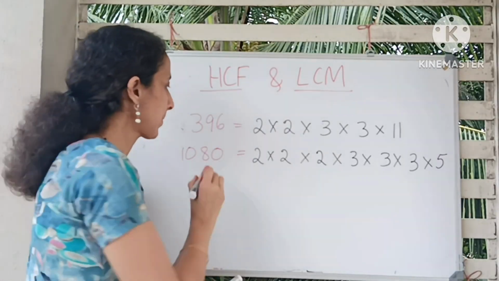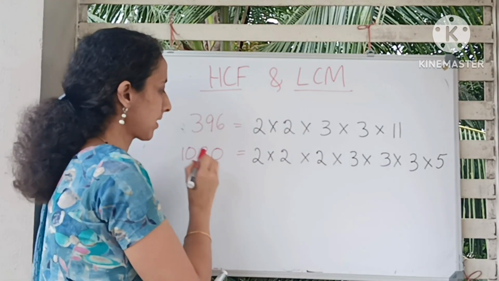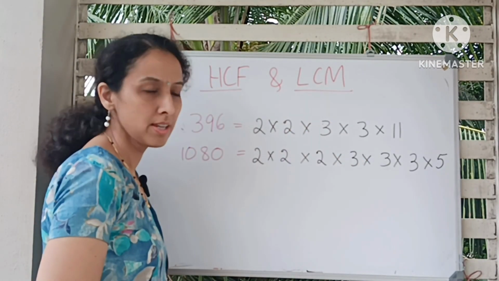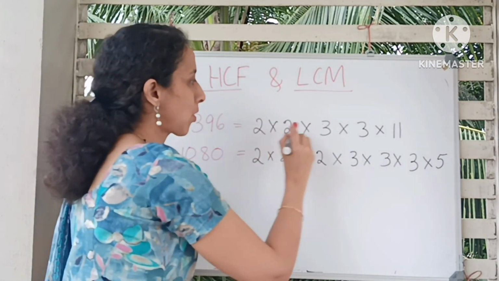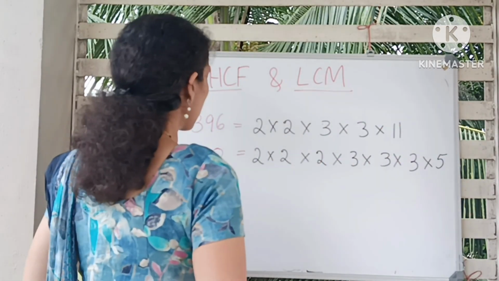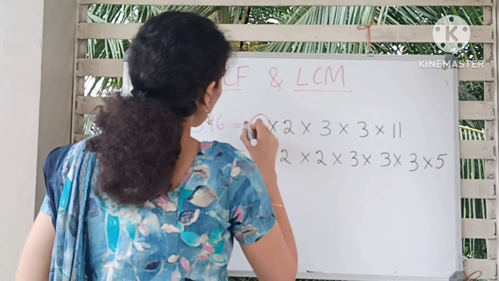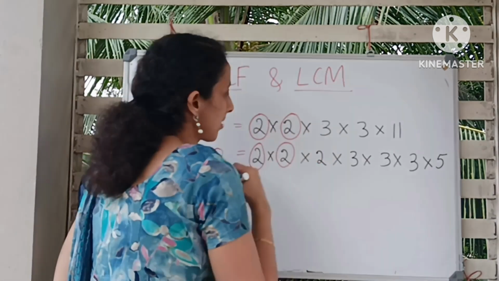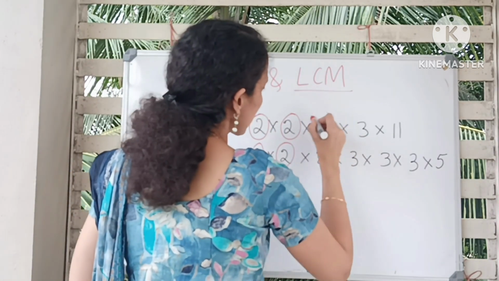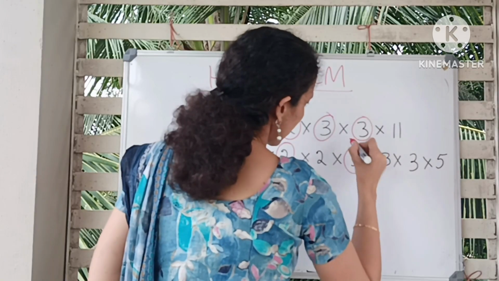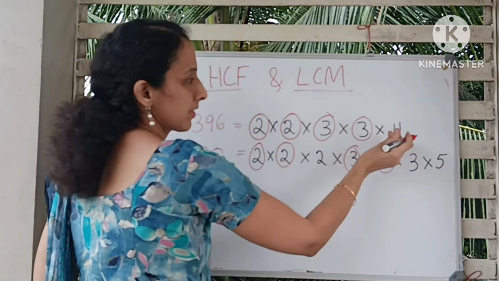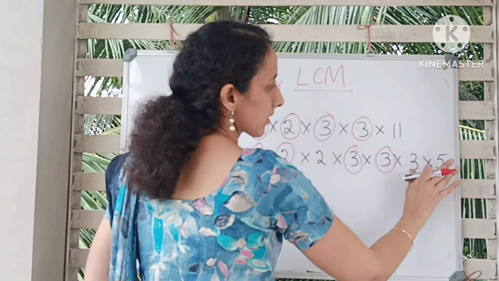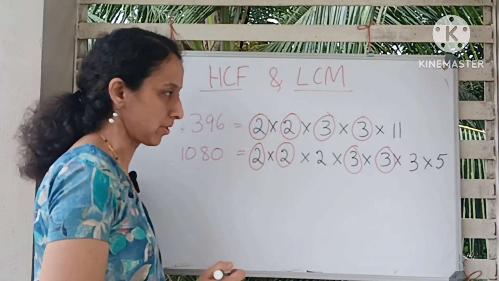We found the prime factors of 396 and 1080. After writing like this, we need to see the common ones in this. So here we see that 2 is common for these two, another 2 is common, and 3 is common, another 3 is common, and 11 is not there here, and 5 and 3, 2 are also not there.